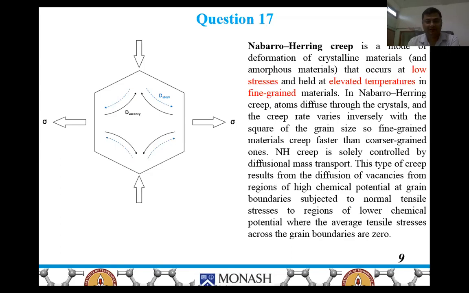You can see here that the stress is in this direction, so the atoms diffuse from here to here, and vacancies diffuse from here to here. So this is Nabarro-Herring creep. The diffusion takes place inside the grain, and it is not along the grain boundaries.